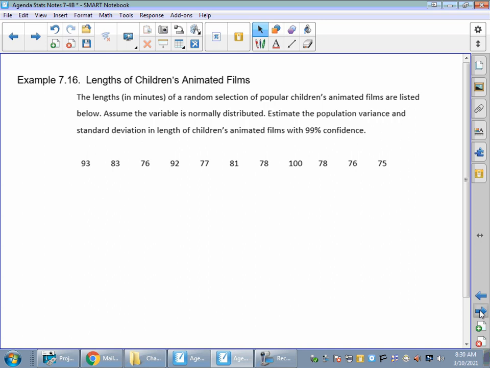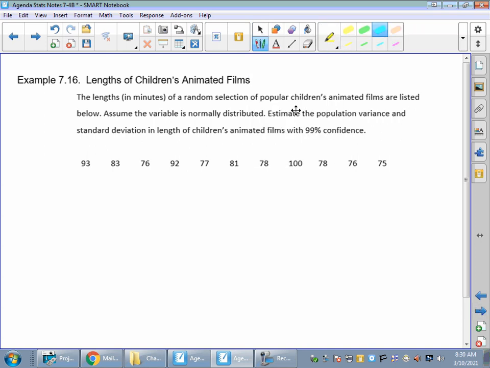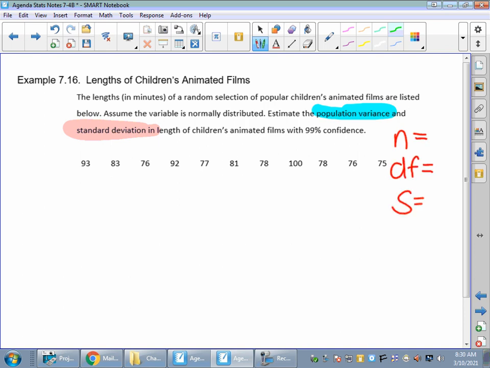Estimate the population variance and standard deviation in length of children's animated films with 99% confidence. So I'd have to do all the usual stuff, right? I'd need to know n so I can figure out my degree of freedom. I'd need to know s, and then I'd need to know my chi-square left and right.